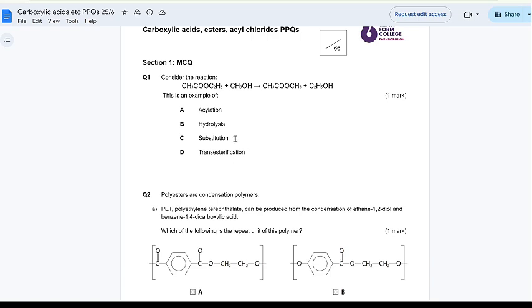Okay, so substitution. I don't think it's hydrolysis, right? Because we're not adding water anywhere. Substitution could potentially be correct here. What are we substituting?